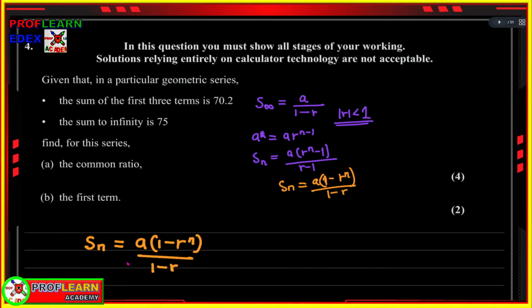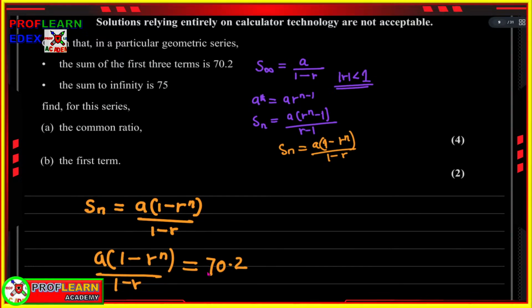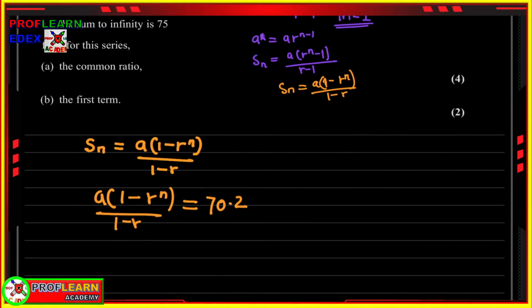So we can say, therefore, that a into 1 minus r raised to power n over 1 minus r is going to be equal to 70.2. That's one of the equations that we're going to use. The second equation that we're going to use is the equation for the sum to infinity.